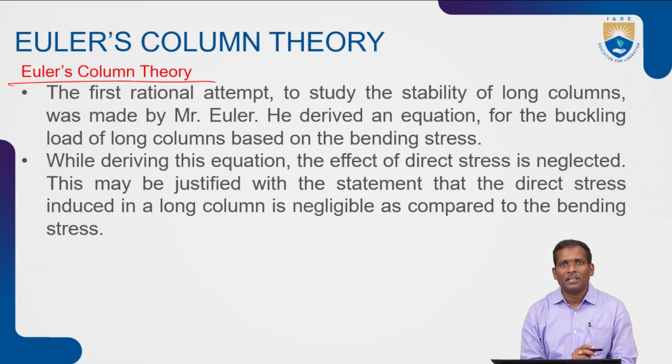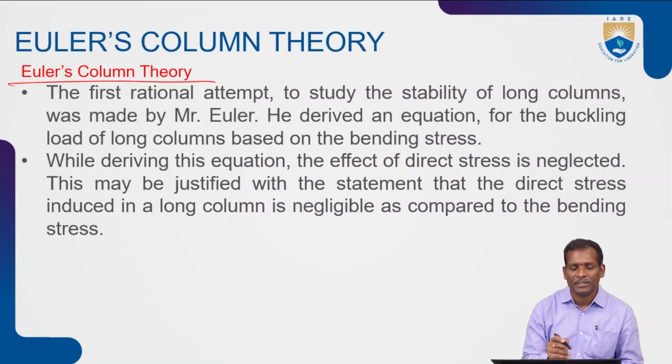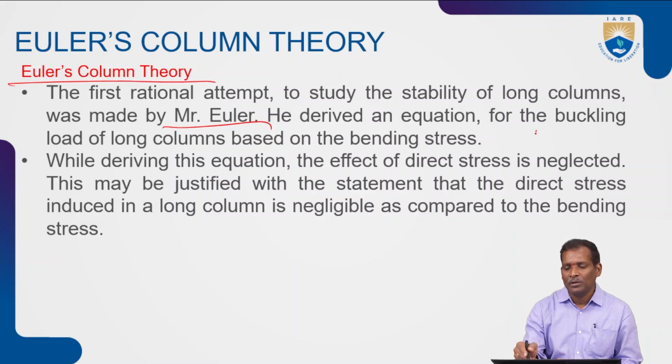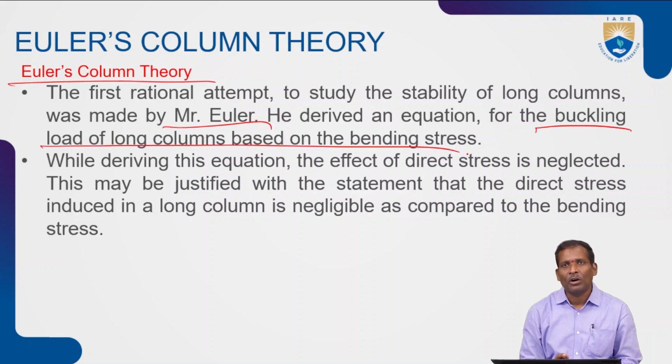So the first rational attempt to study the stability of long columns was made by Mr. Euler. He derived an equation for the buckling load of long columns based on the bending stress.